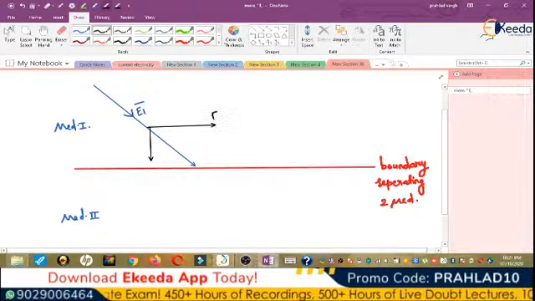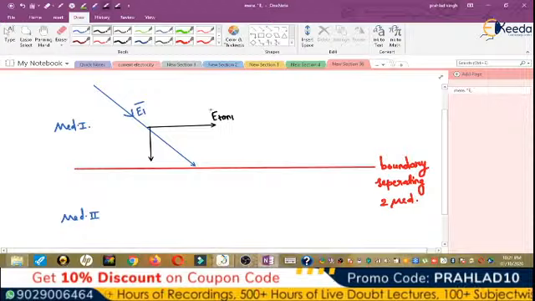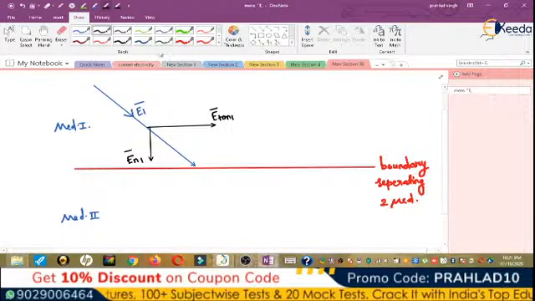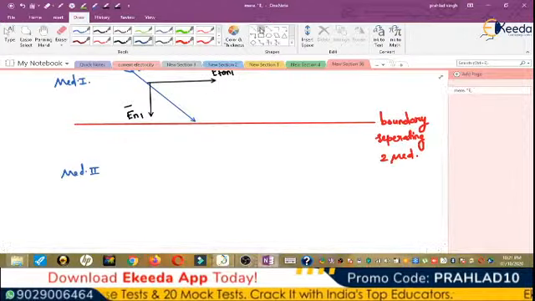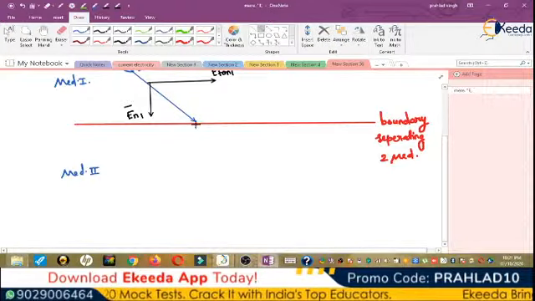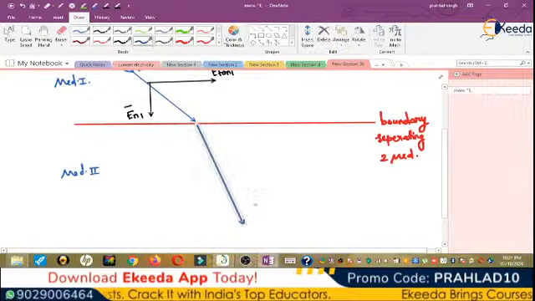And this is the tangential component, which is parallel to the boundary, and this is the normal component. This is En1, and this wave is entering into medium number 2.